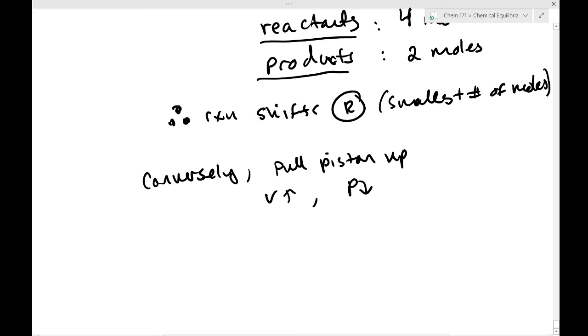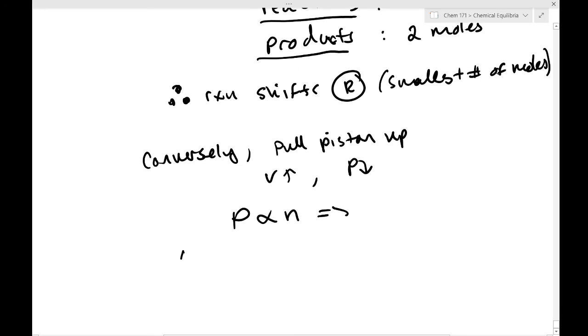It wants to increase the pressure because you're decreasing it more than it wants. Since P is still proportional to n no matter what you do, pressure is always going to be proportional to n. In this case, the reaction shifts to the left, towards the largest number of moles.